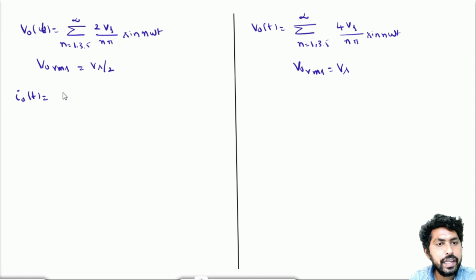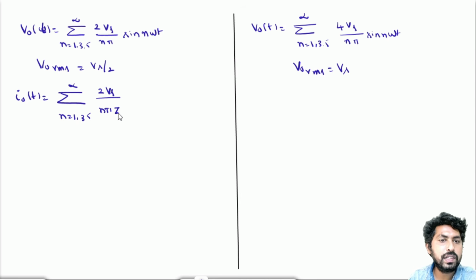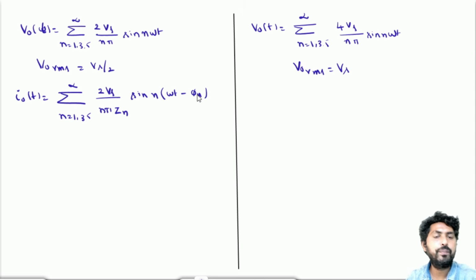I0 of t equal to V0 by Z, that is sigma n equal to 1, 3, 5 to infinity, 2 Vs by n pi into Zn into sin of n omega t minus phi n.